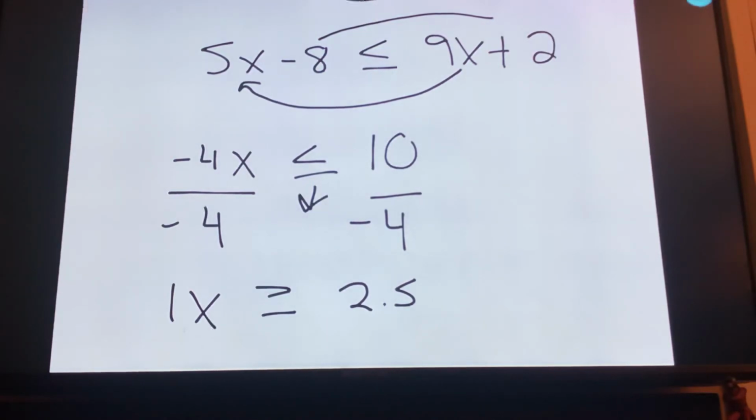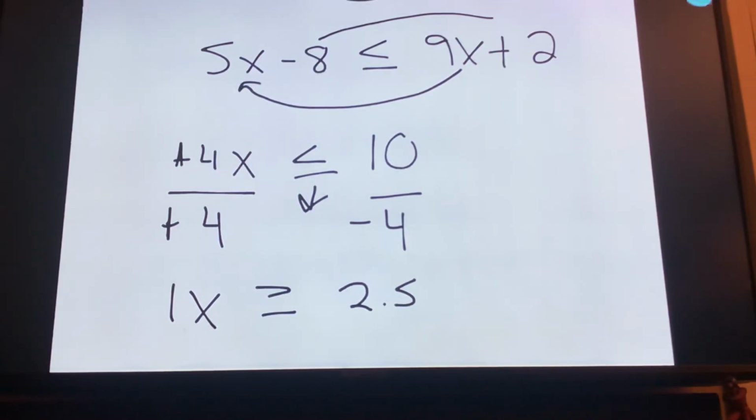So my question is, how do we write this on our number line? Just a quick note, had these been both positive, the 4s that is, you would have kept the sign the same.